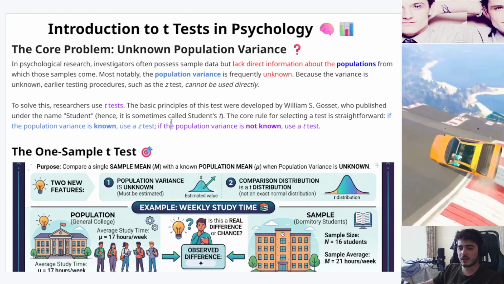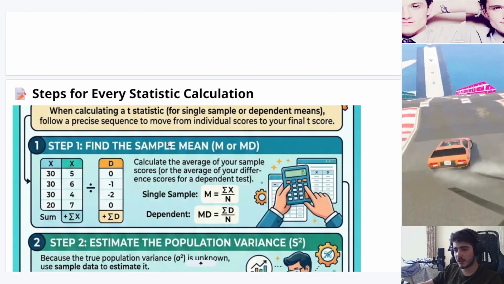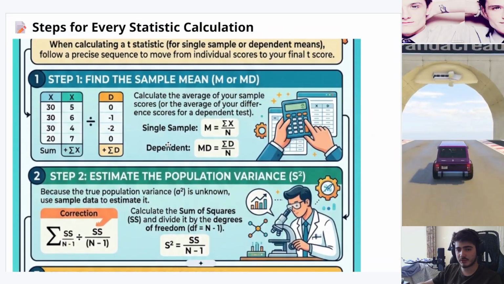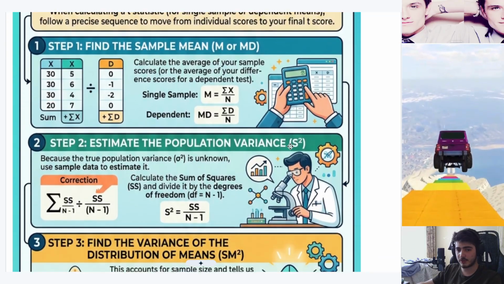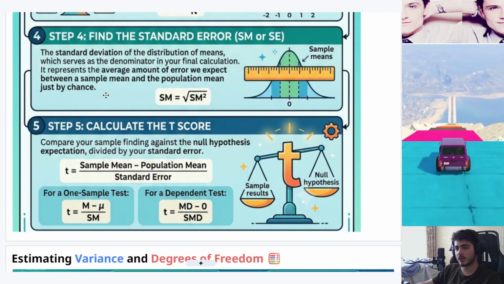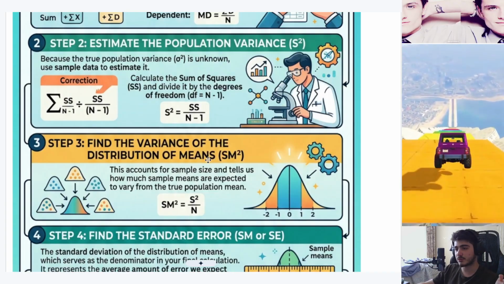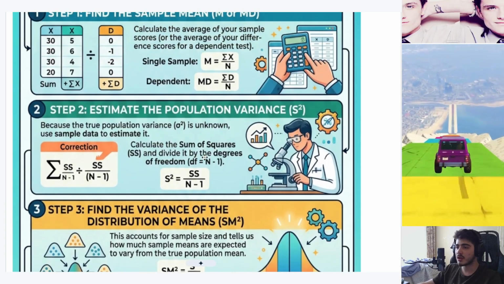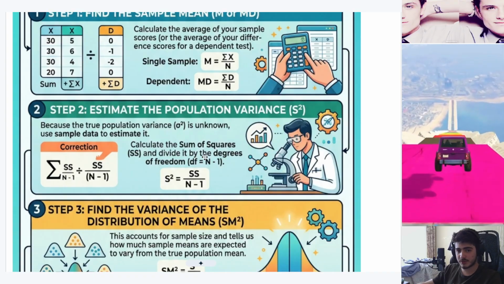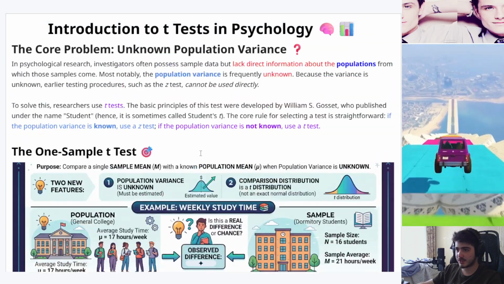Now, the most important metric that we have at hand is the variance, because using that variance, we calculate our standard scores. Standard scores here referring to z-scores, t-scores, f-scores, whatever you want to call them. But without the variance, we can't really do much. So we have to estimate it.